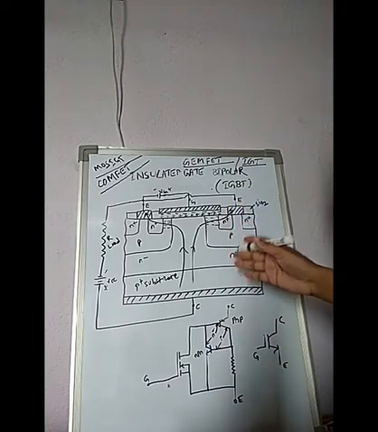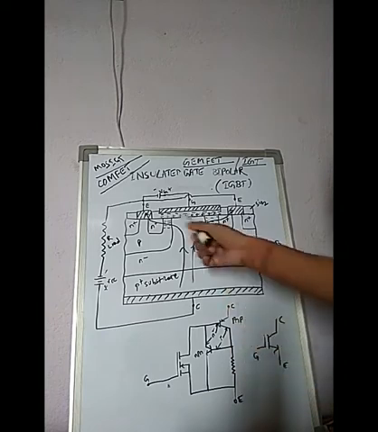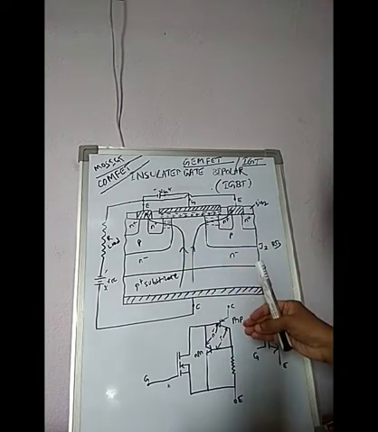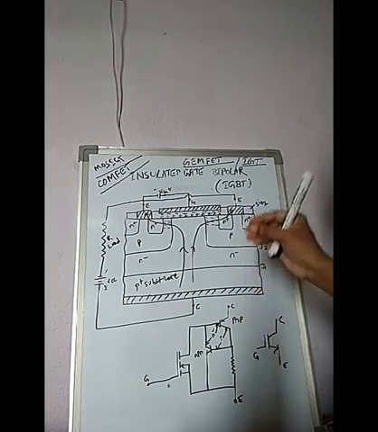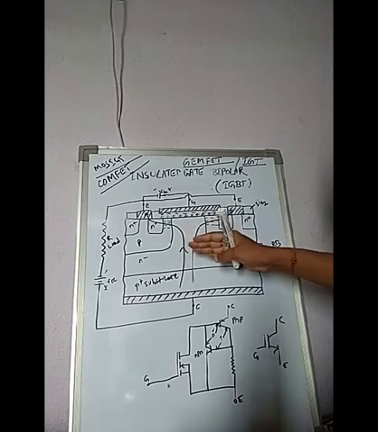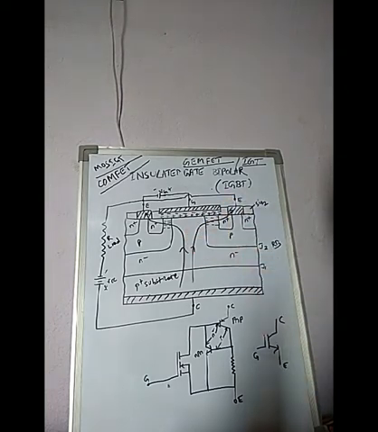The electron movement in the N channel causes substantial hole injection from the P plus substrate layer into the epitaxial N minus layer.